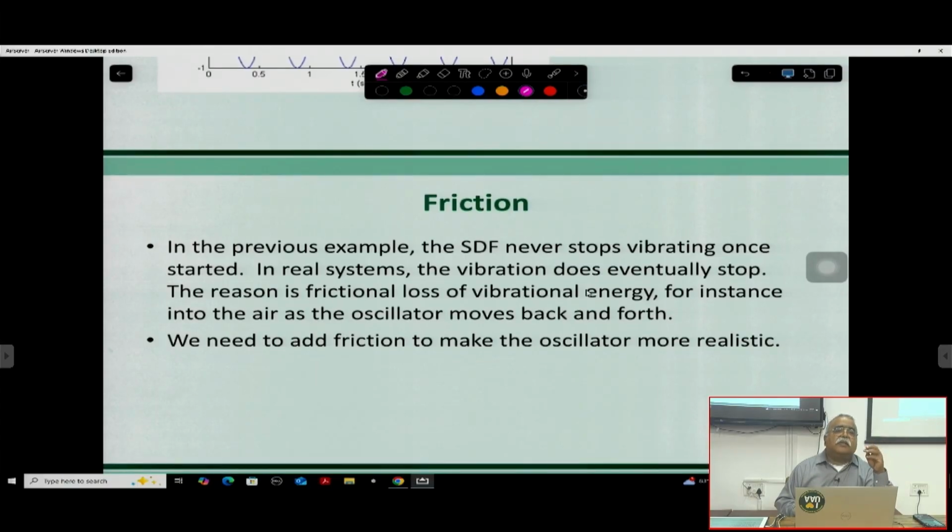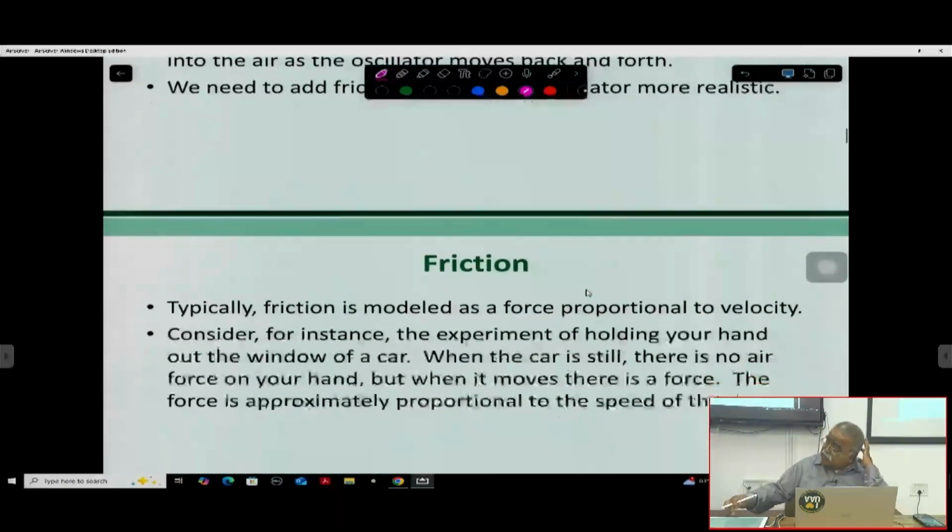So we always introduce damping in the system, and if it is some material, then it will always have some damping. We have used the friction part, but we have not used the damping part.